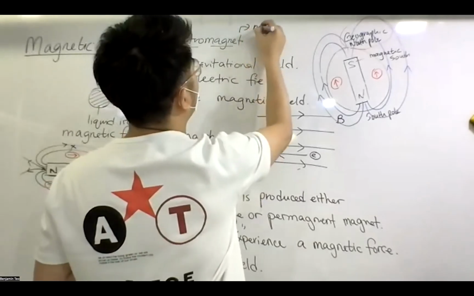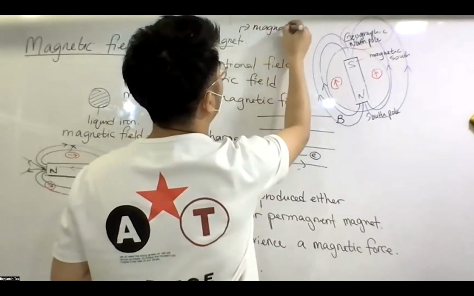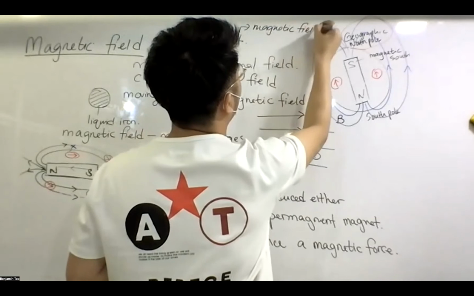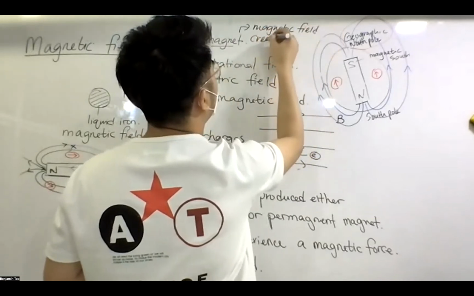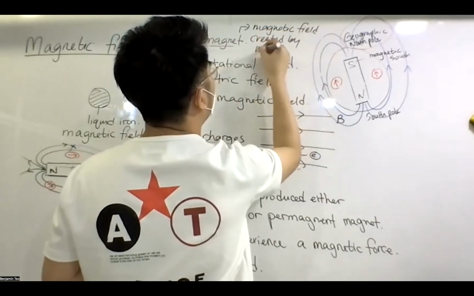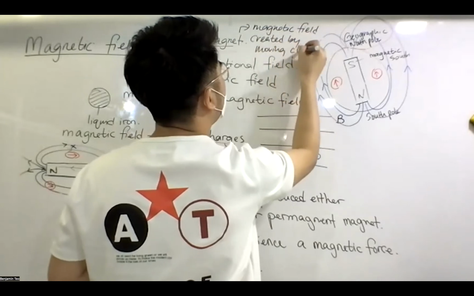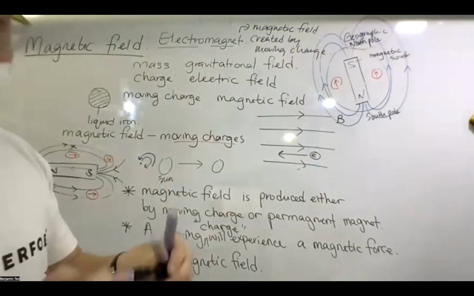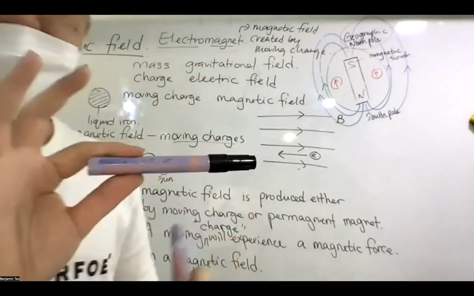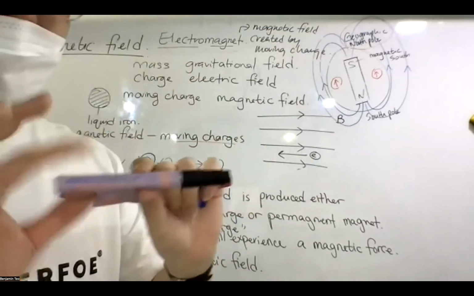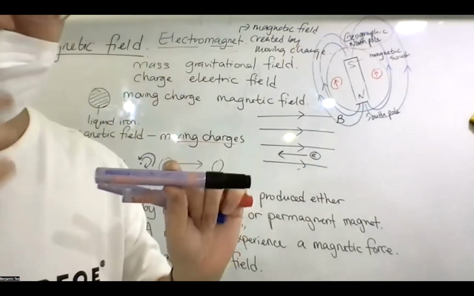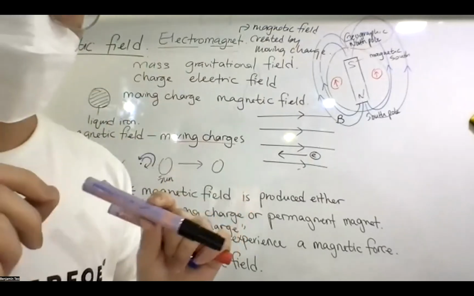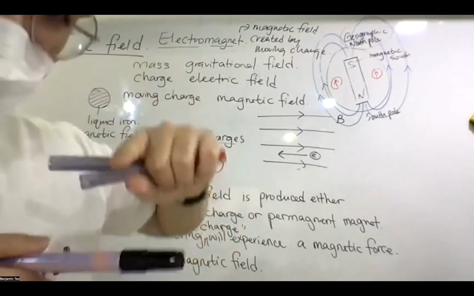Magnetic field created by moving charge. And usually this is used to describe the current in a conductor. A conductor here is referring to the wire.